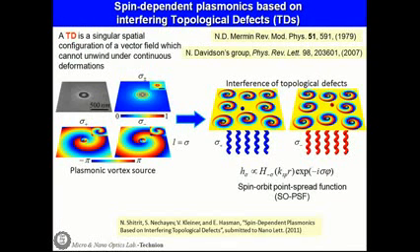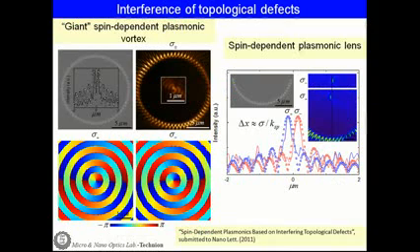So we studied the scattering from a topological defect, which behaves as a plasmonic vortex source. We would like to exploit it for spin-dependent plasmonics based on interfering topological defects, where the point spread function in our new system is a spin-orbit point spread function, proportional to a Hankel function and a spiral phase where the topological charge is sigma.